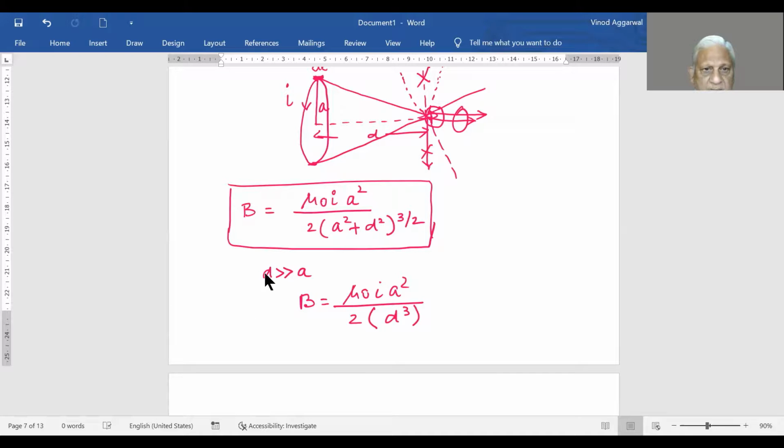This is when the distance between the coil and the point where we want to know the magnetic field is too far compared to the radius of the coil.